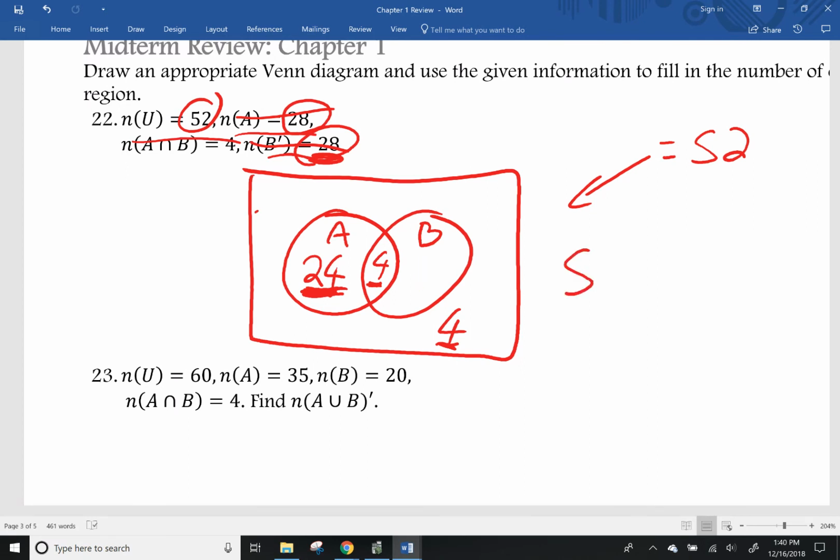So if I take 52 and subtract 24, subtract 4, and subtract 4 again, basically I'm just taking away all of these regions that I've already counted. That would be a total of, I think, 20. You can check my math on that, but that should be 20, I believe. So all of these now added up should be 52.